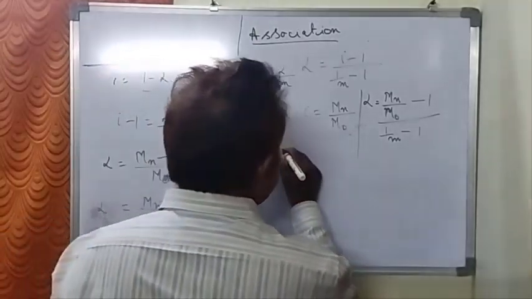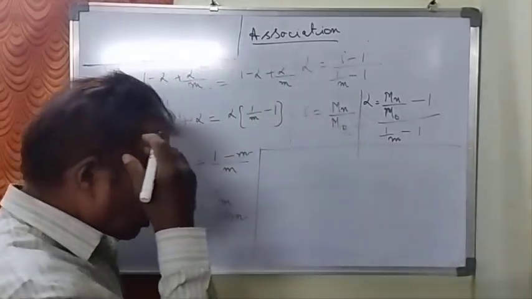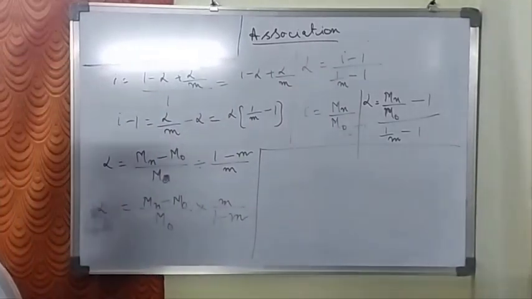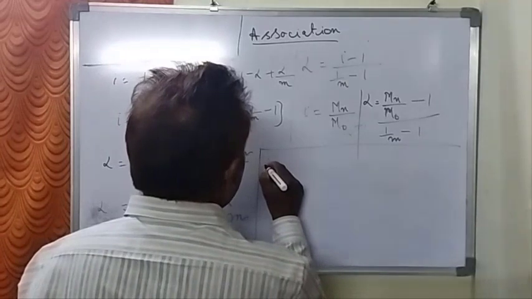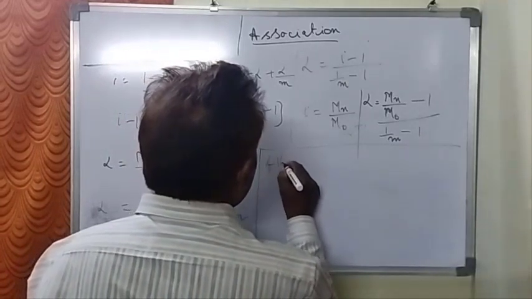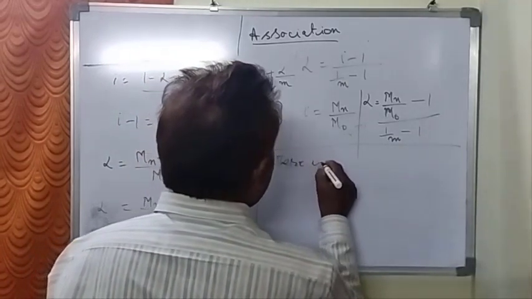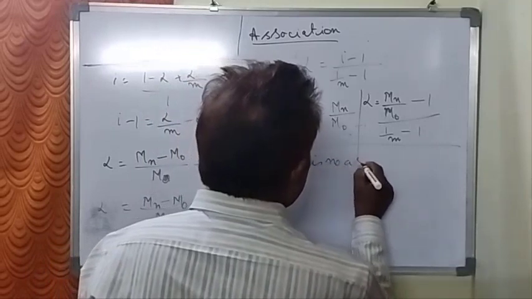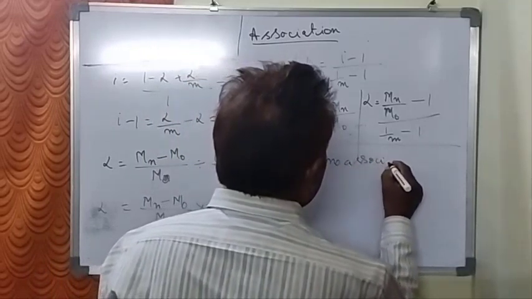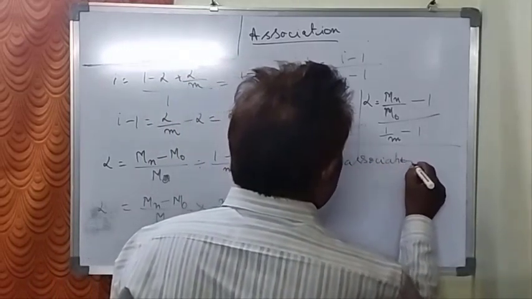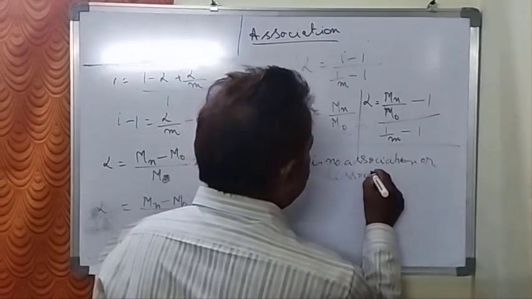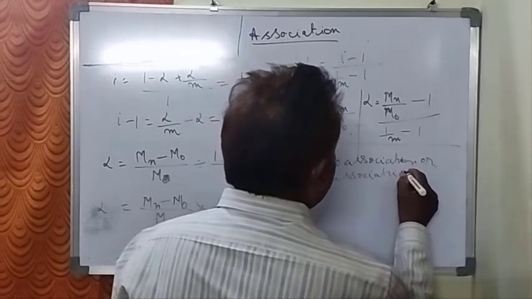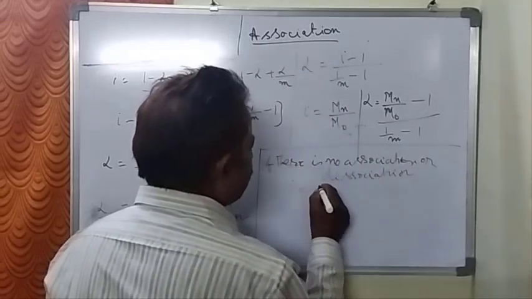Now let us have a look at the relation between association, dissociation and the Van't Hoff factor. If there is no association or dissociation, i equals 1.